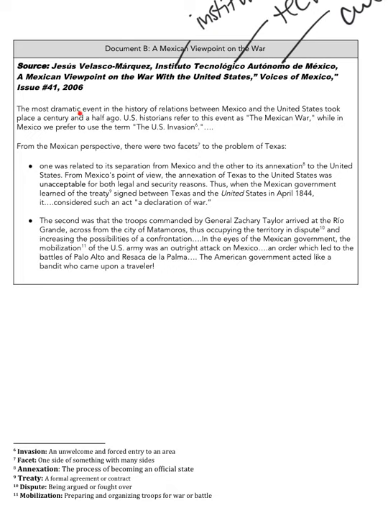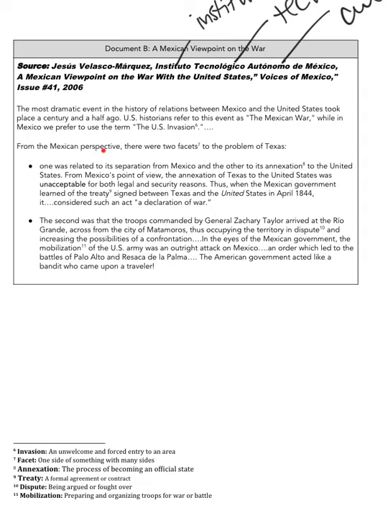The most dramatic event in the history of relations between Mexico and the United States took place a century and a half ago. U.S. historians refer to the event as the Mexican War, while in Mexico, we prefer to use the term the U.S. invasion. I see a footnote there, meaning invasion is an unwelcome and forced entry into an area.